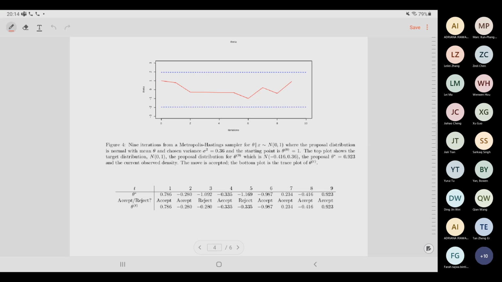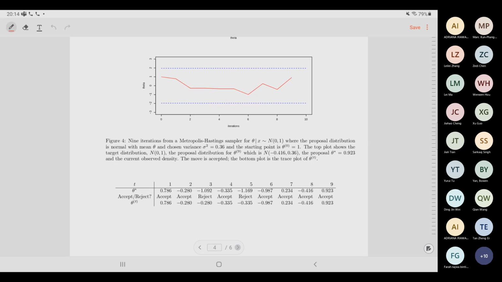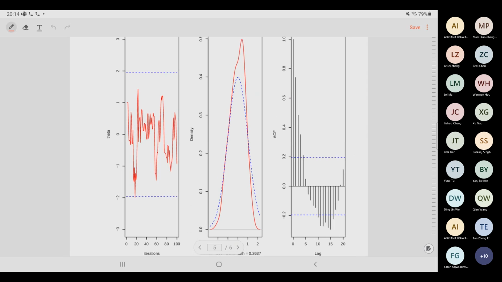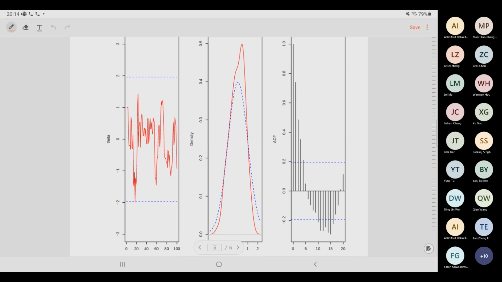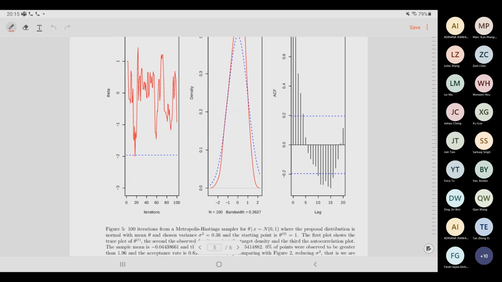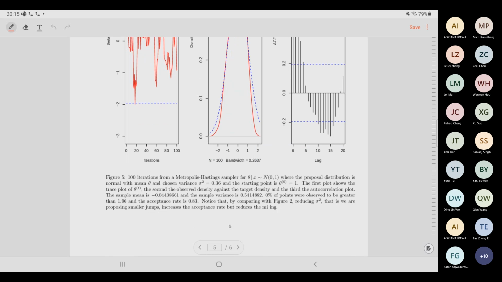But with 9 iterations, we cannot really see much. If we look here, this is actually 101. Again, we can see they are moving between 2 and minus 2, but still with 100 it's not a good number of samples.